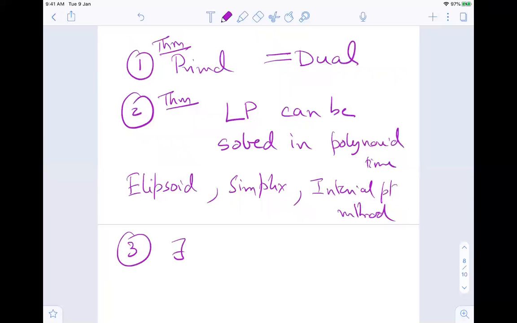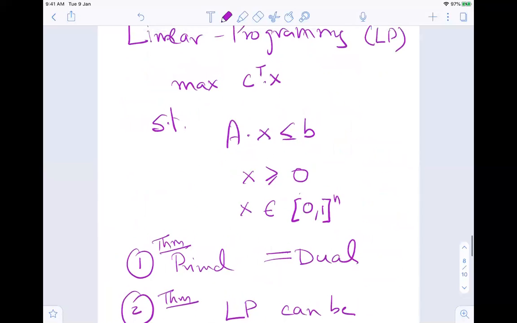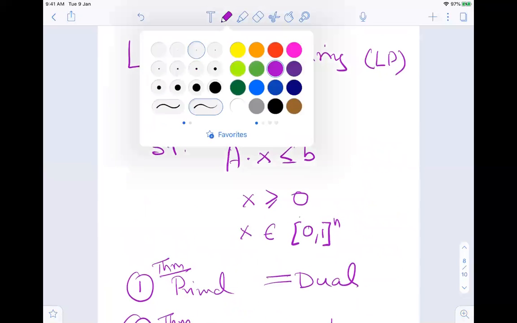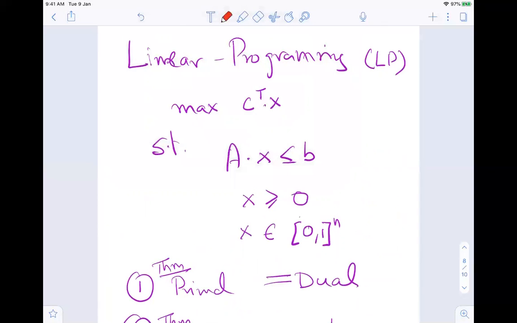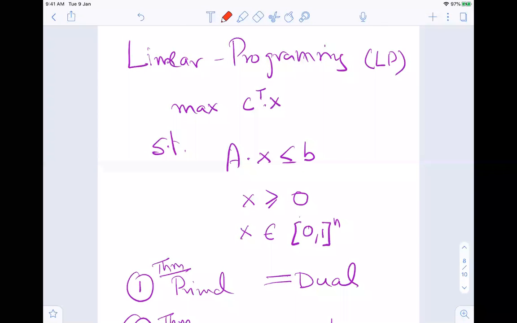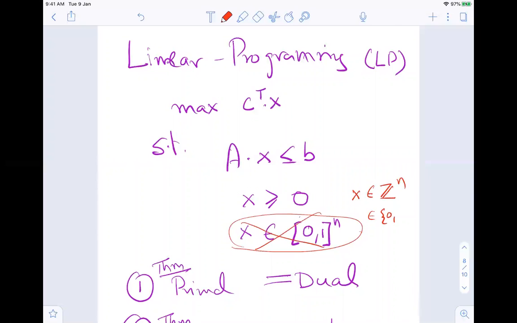There exists a generalized version. One generalized version that is very useful for our setting is that instead of having x to be in [0,1] to the n, you make x to be integers, either Z to the n, or you can think of it as Boolean, {0,1} to the n.